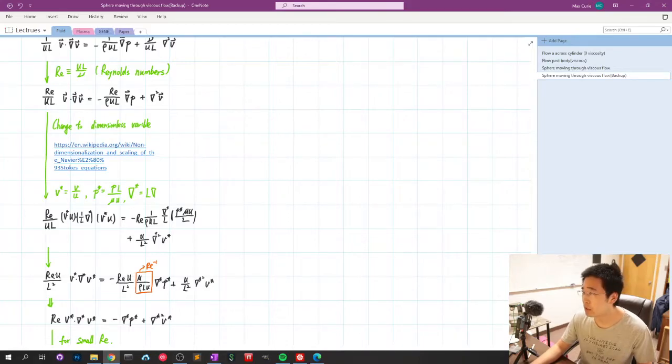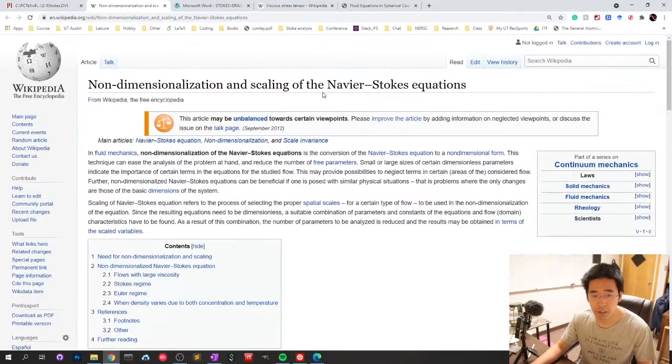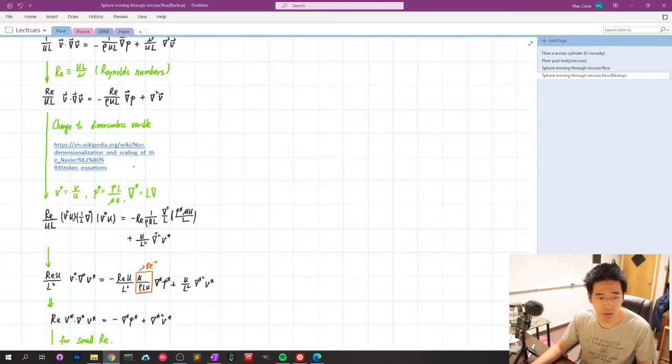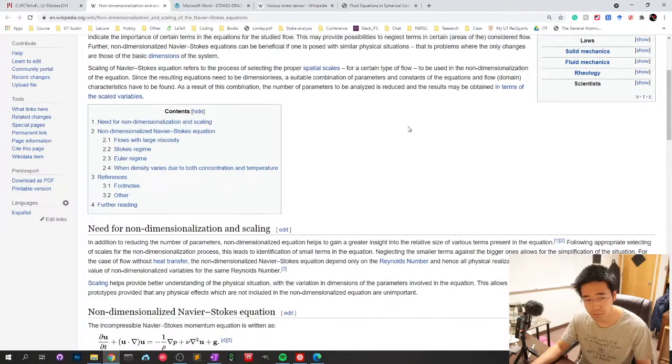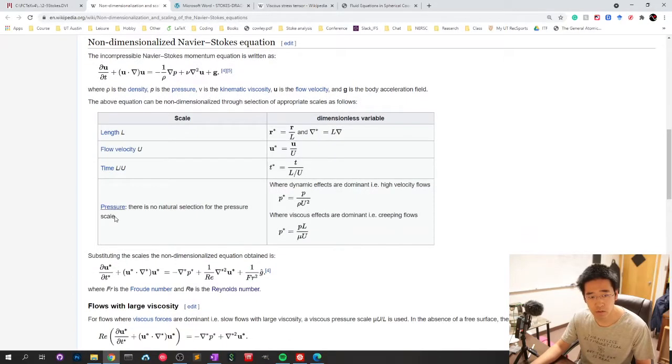You can find this information in the non-dimensionalizing and scaling of the Navier-Stokes equation. It's right here, and we're using creeping flow, which is a low velocity flow.